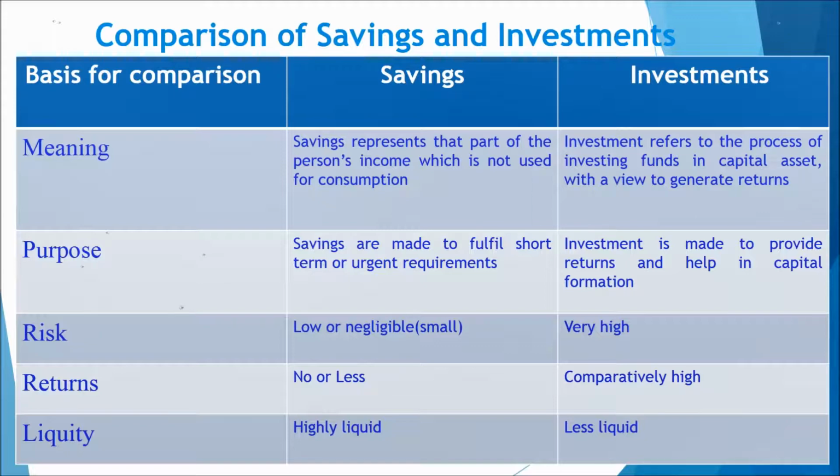Now let's see purpose. Savings are made to fulfill short-term or urgent requirements, whereas investment is made to provide returns and help in capital formation. So in investment, we are investing to get high returns.